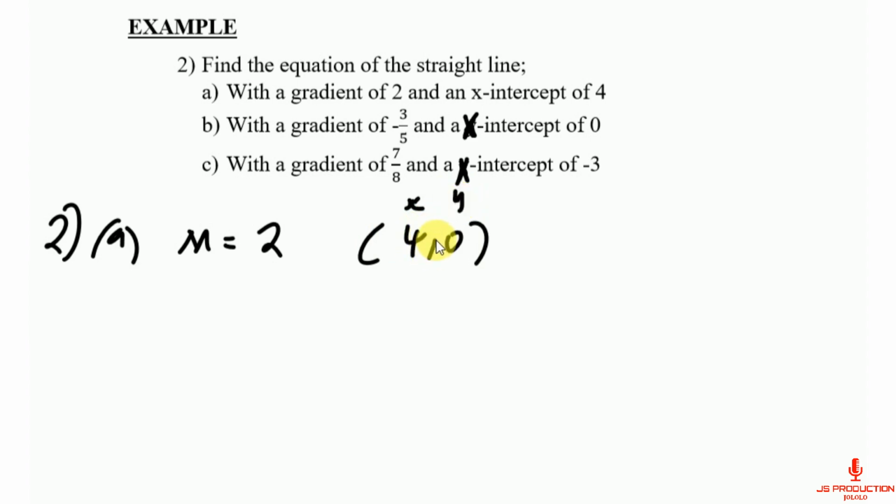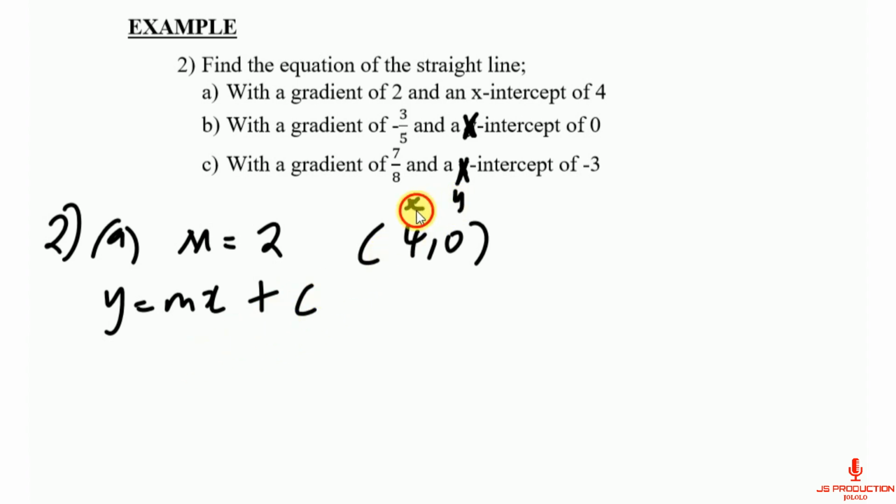And since we have this information, we can say y is equal to mx plus c, and from this we can calculate our y-intercept, since we don't know it.